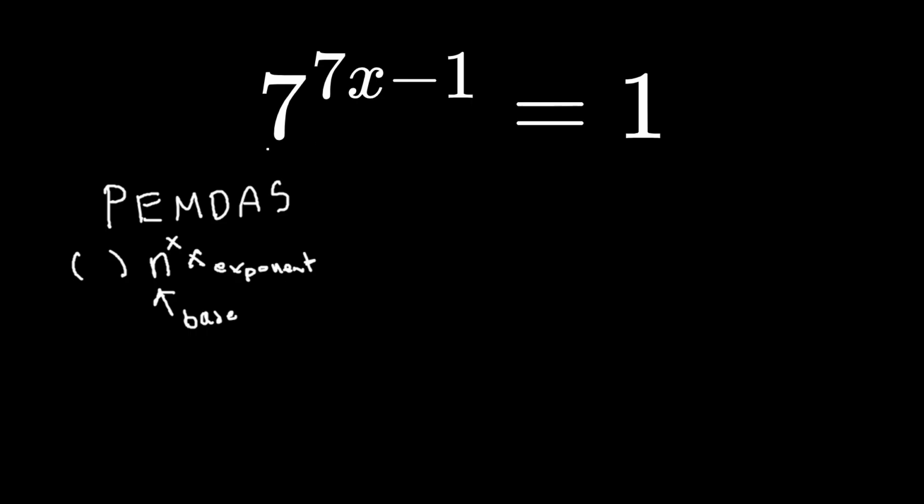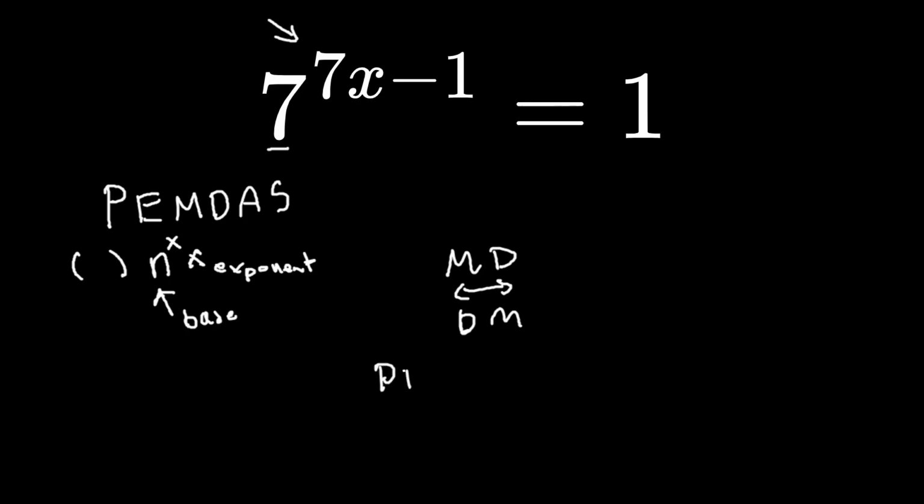So you see here we have the base and the exponent. And now multiplication and division. A lot of people get confused with multiplication and division. These are interchangeable. This can also be DM.